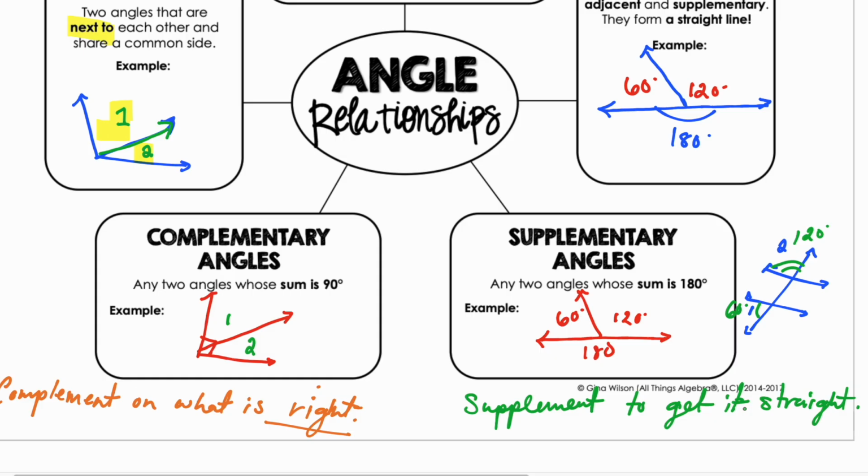To get everything straight the way it should be in our body. So supplement to get it straight is going to help you to remember to use supplementary angles for angles that make up 180 degrees or a straight line. Doesn't always have to be a straight line, but 180 degrees is often referred to as a straight line. So just one thing to kind of help you remember that.